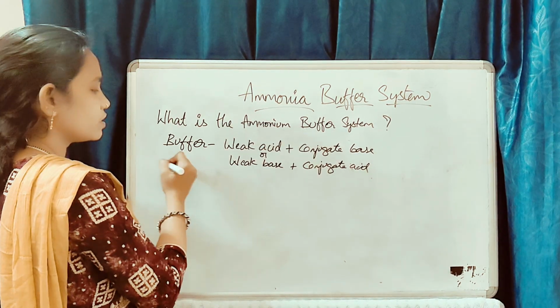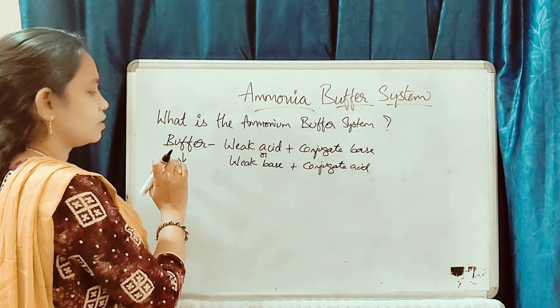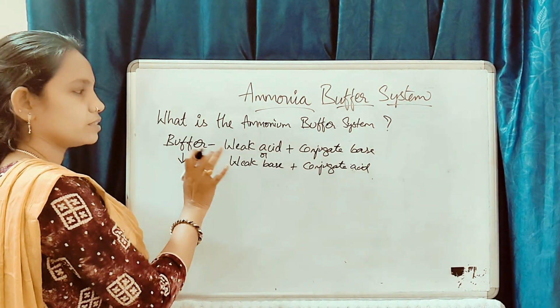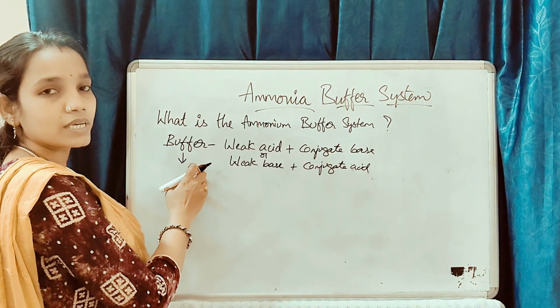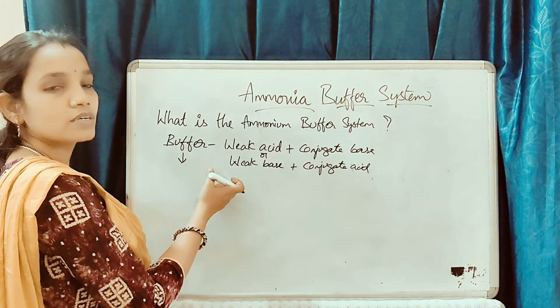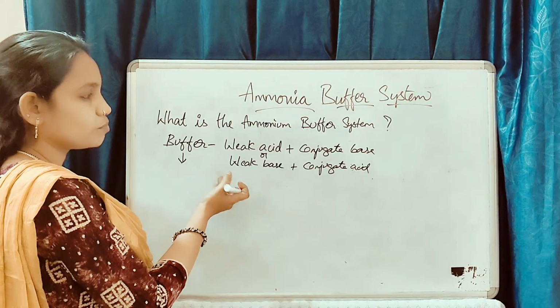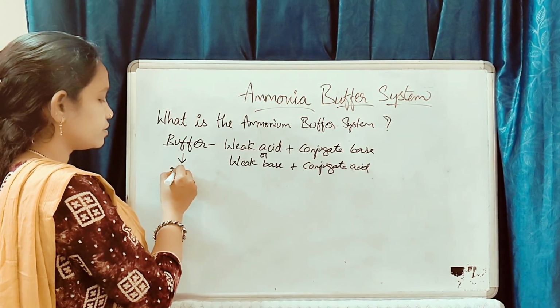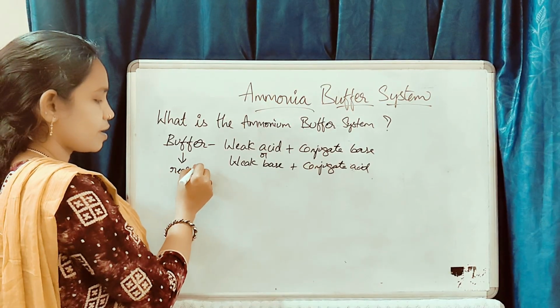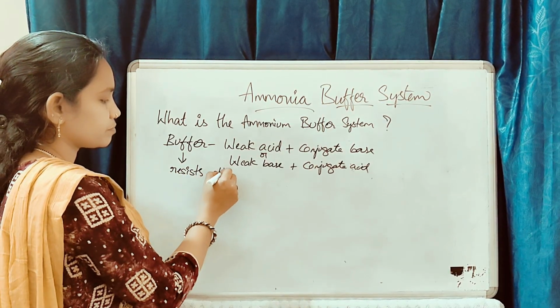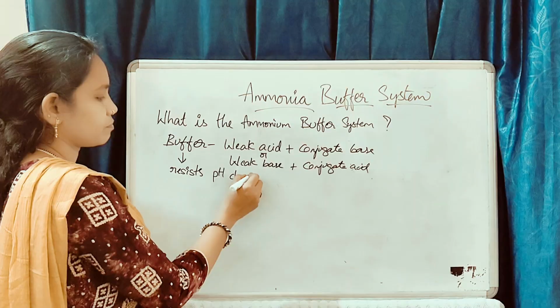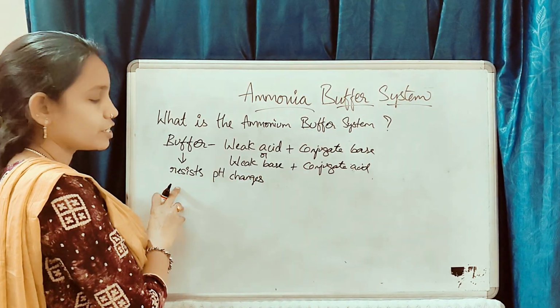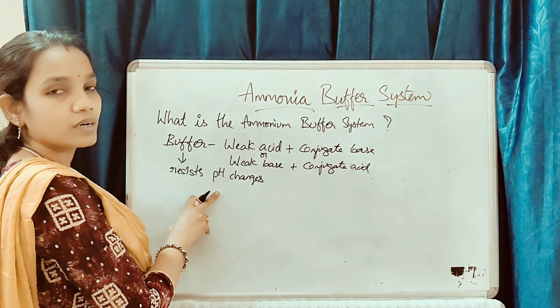What is the function of the buffer? Actually, why are we taking a buffer in all the chemical reactions or even in the body? It resists pH changes in the body.